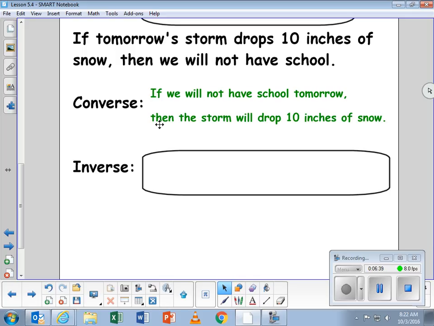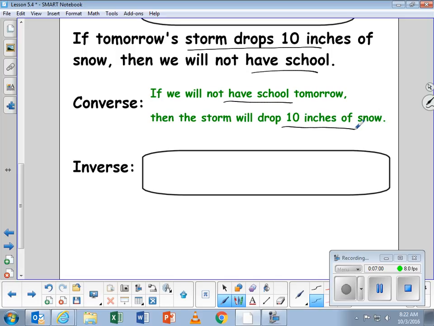What's important in the first one here is that the storm drops 10 inches and then having school is the conclusion. And so the converse will switch that around to having school first and dropping 10 inches of snow second. Okay? So that would be our converse.